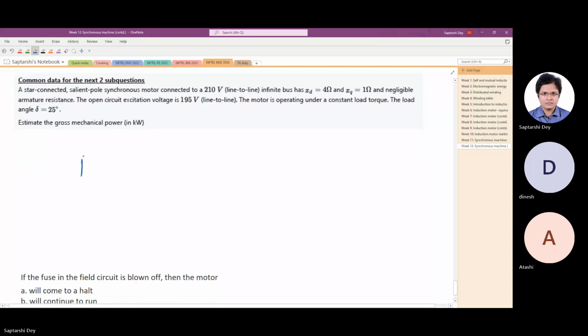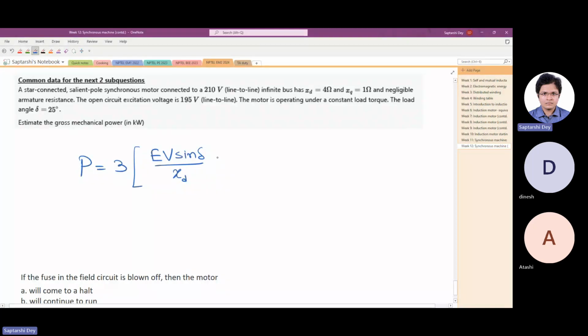So if you see, power is 3 times the first component, which is the same as the cylindrical rotor machine, with Xd. Why Xd? Because it is the highest inductance through which the field flows.